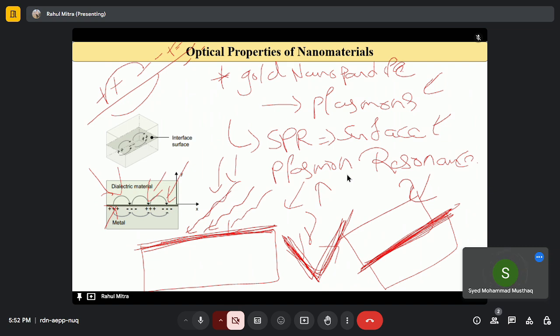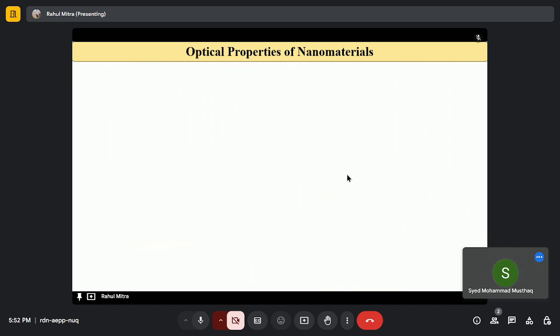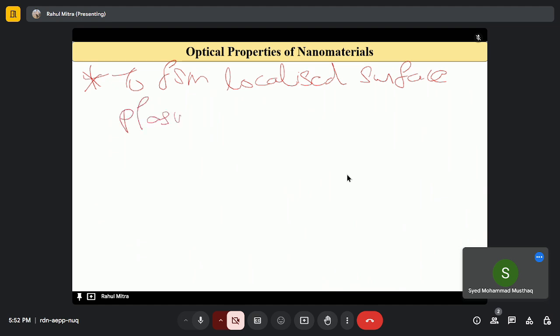To form localized surface plasmons, what do we need?